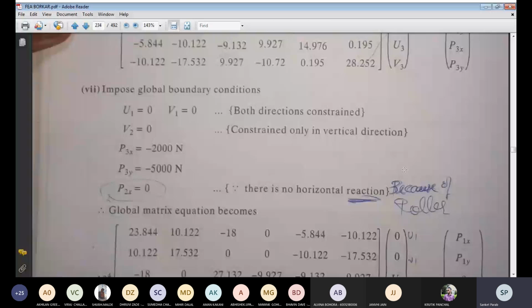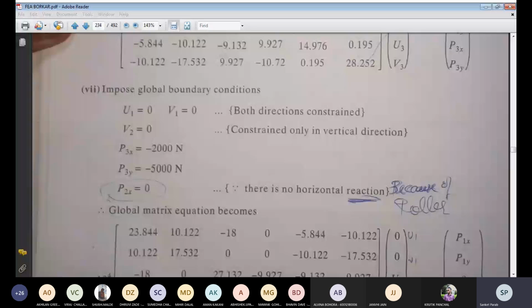So u1 is 0, v1 is 0, v2 is 0, p3x and p3y are given. And p2x is equal to 0 because there is a deflection. See, when there is a constraint, there is a reaction, and when there is a deflection, there is no force. Because if the roller is moving here and there, P2x is bound to be 0. Are you getting this?